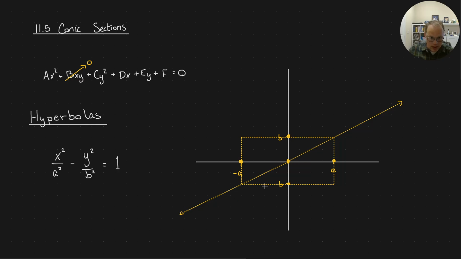Okay, so there's one line, and then through the other two opposite corners. Okay, so again, these are just guides. Those lines are my asymptotes. The further out you get, the closer the hyperbola is going to approach those asymptotes.